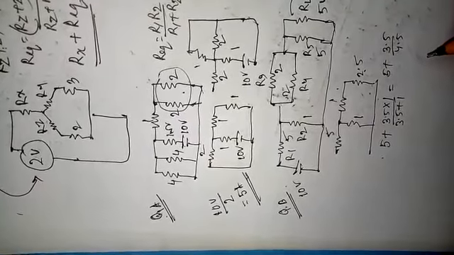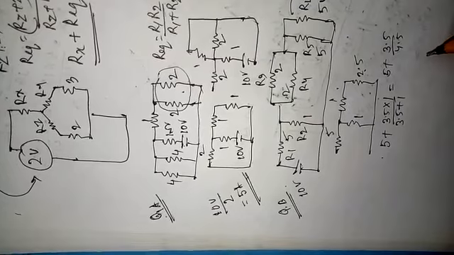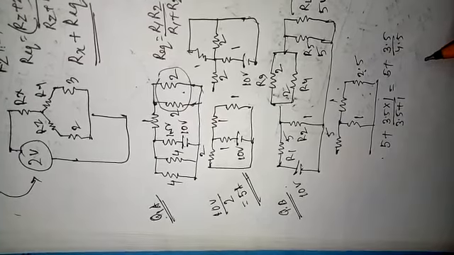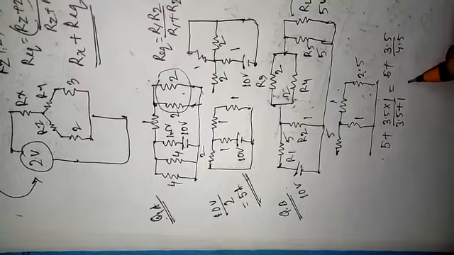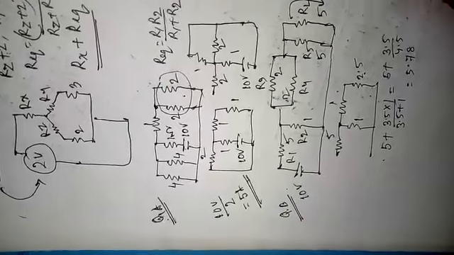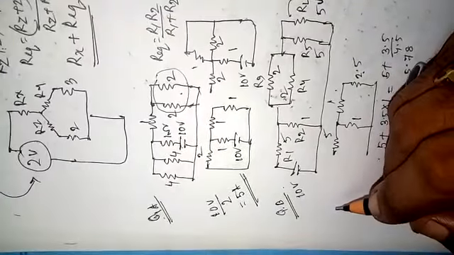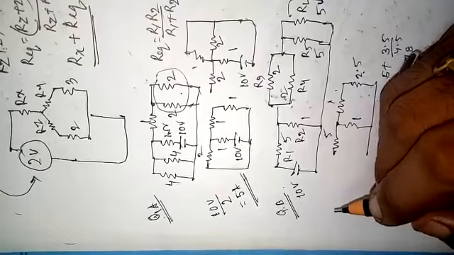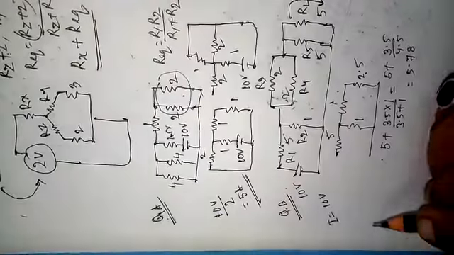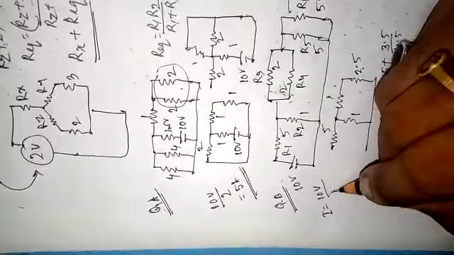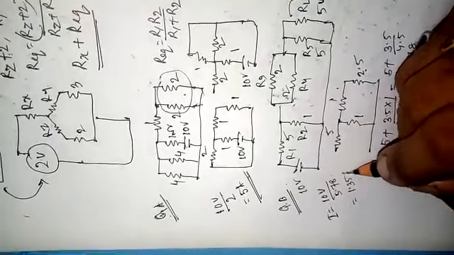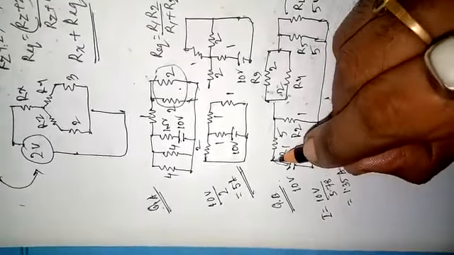Somehow we can calculate it, therefore this is 5.78. Okay, so finally that is 5.78. So what is I then? 10 volt by 5.78, so it is 1.35 ampere. Now this particular I is flowing through this in this way.